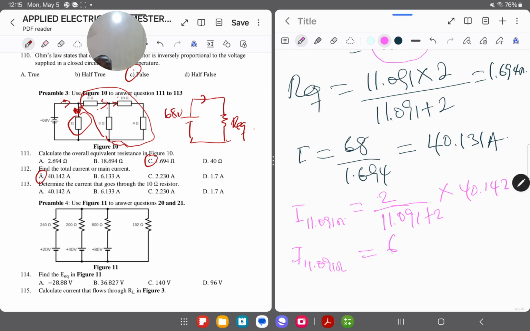So that gives us 6.133 amps. So we get this current, but we are not done yet, right?